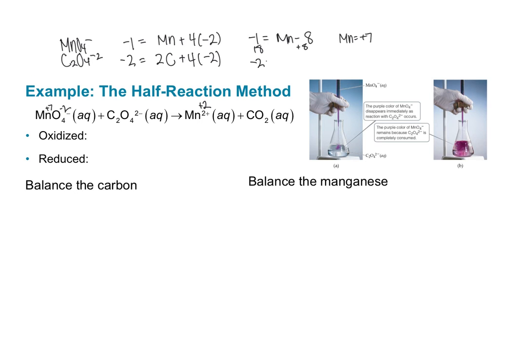So -2 equals 2 carbons minus 8, so we add 8 over, and I get 6 equals 2 carbons, so divide by 2. Carbon equals +3 here. Weird. So we have +3 for carbon, and oxygen is -2.